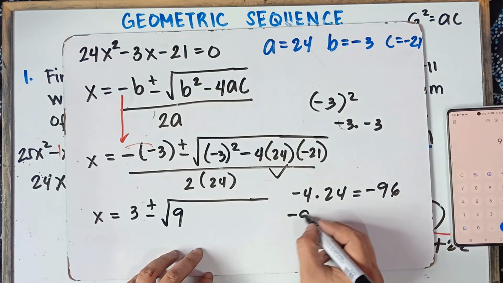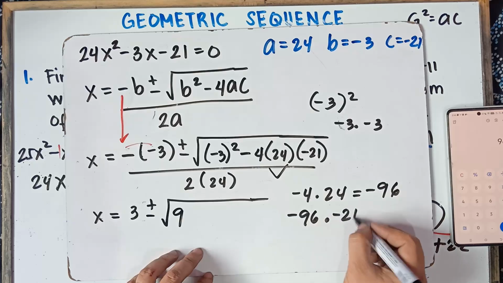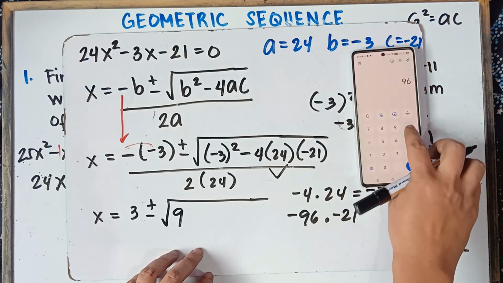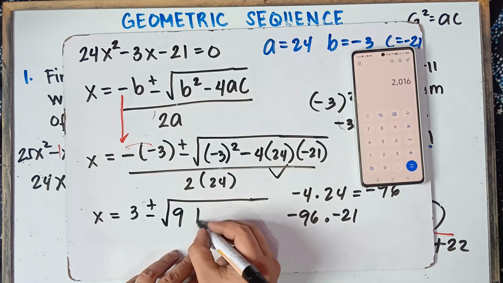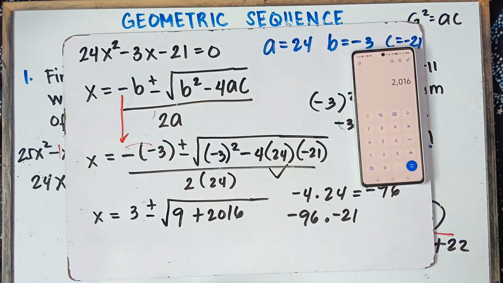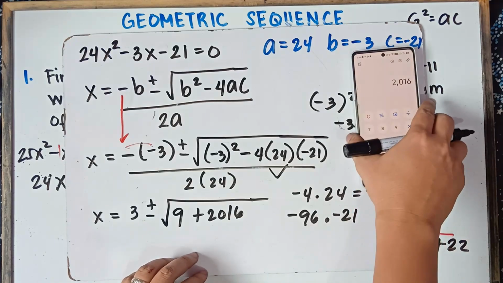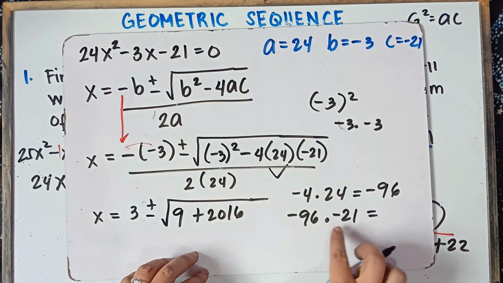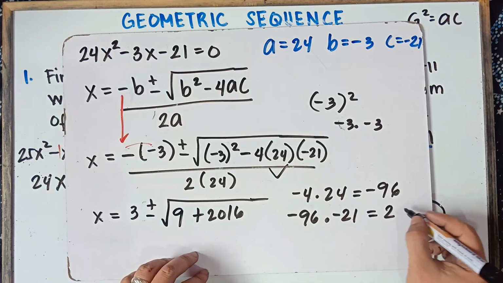And then negative 96 times negative 21. 96 times 21, the answer is 2016. So that would be positive 2016. Why is that, sir? Because negative times negative, that would be positive 2016.